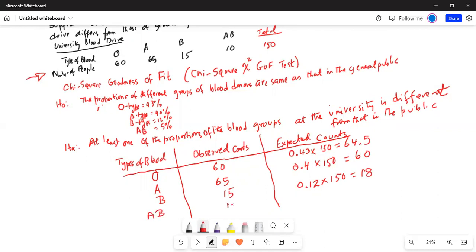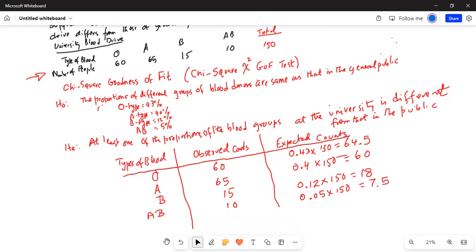Observed is 10, expected is 5%, which is 0.05 times 150, which is 7.5. So this is my observed count and this is my expected count. Okay. Now let me create some space.